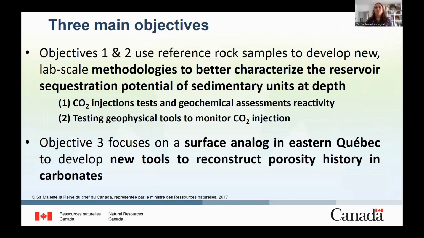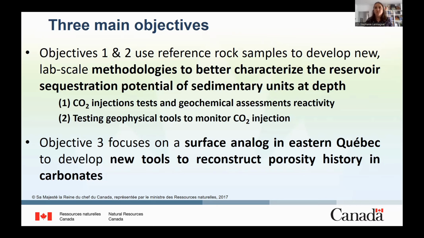So the project is divided into 3 main objectives. Objectives 1 and 2, for them we use reference core material. So basically we bought rocks and they are relatively homogeneous rocks, and so they are used to develop lab scale methodology in order to better characterize how the rock will react and how we can store CO2 within them.